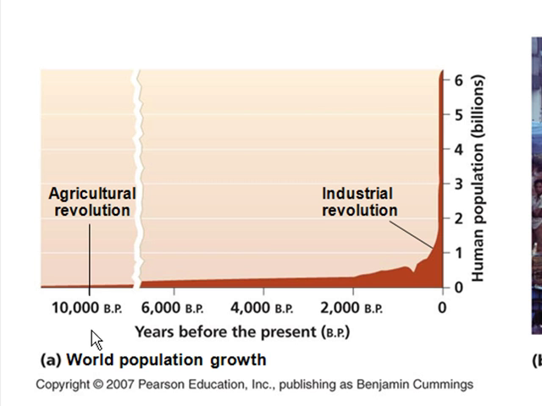It was a transition which occurred over a long period of time, where humans transitioned from mainly a hunter-gatherer lifestyle to a mainly agricultural way of life.